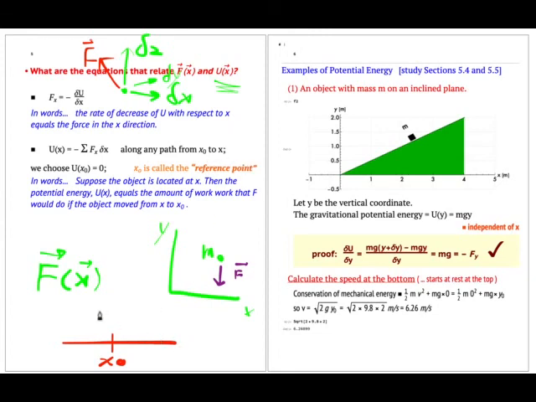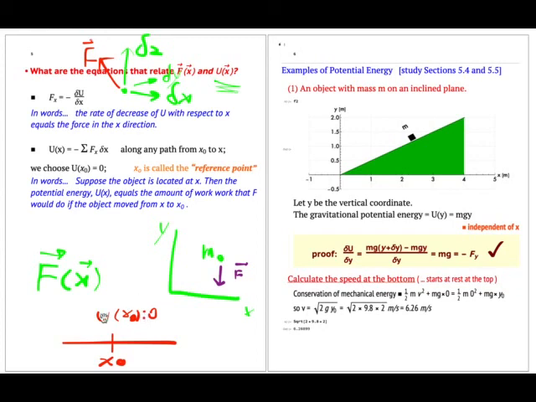Now suppose I want, so we say u of x0 is 0. So we pick some point. That's sort of up to our choice.